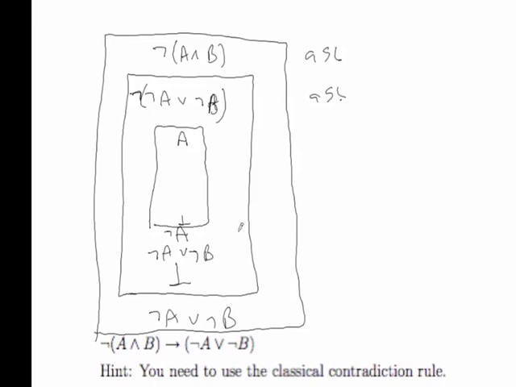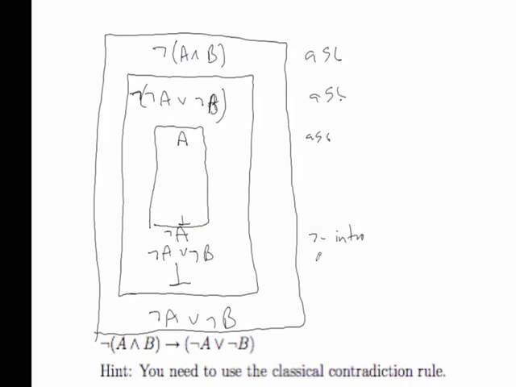Now we're applying the same principle again. The question is, what should I put here in order to get a contradiction? If I could justify this contradiction, I would have justified this by a not introduction from here to here.